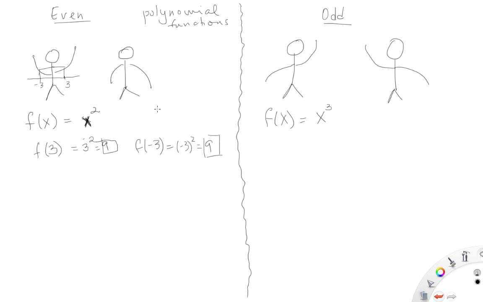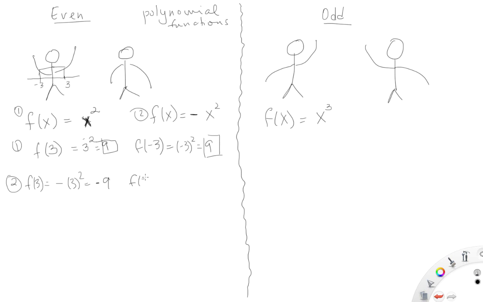Sometimes I may have a different function. I may have f of x is equal to minus x squared. The minus is not raised to the second power. Then if this is function 1, this is function 2. If I do function 2, I get f of 3 is equal to minus 3 to the second power, which the minus stays as negative 9.